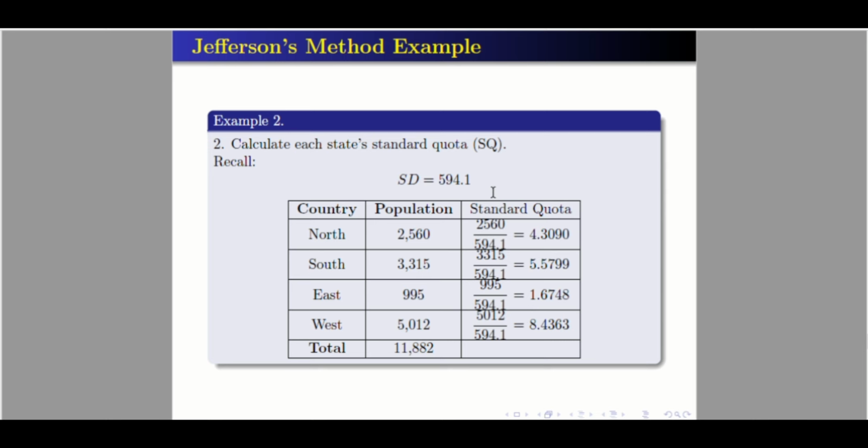Step 2, again, the same as Hamilton's method: each population should be divided by the standard divisor, which is 594.1. You may check with your calculator. So these are the values.